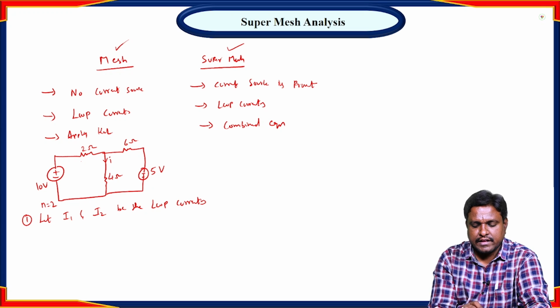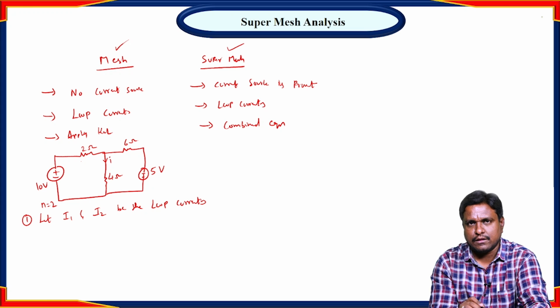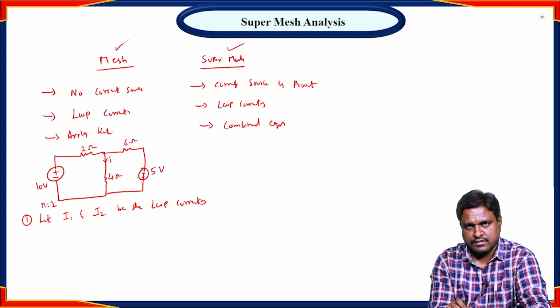Okay. After assuming the loop currents, we have to indicate the loop currents in the circuit. So how to indicate the loop currents? We have 2 sources. Here we can take any one of the sources as the reference and indicate the loop currents, or based on the 2 sources we can give the current direction based on the respective source.